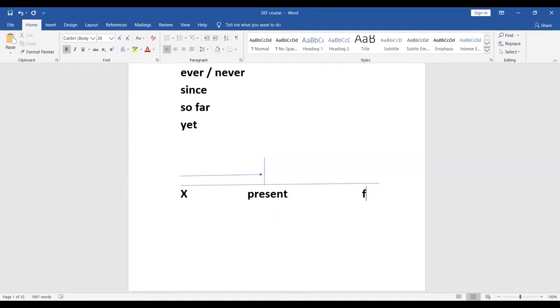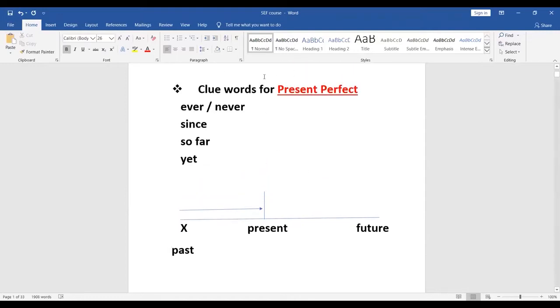We're not going to get into the future now. We're going to learn the past and the present. So this is the past, this is the present, this is the future.